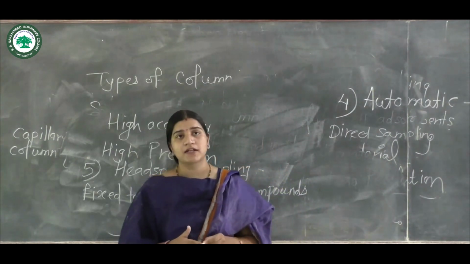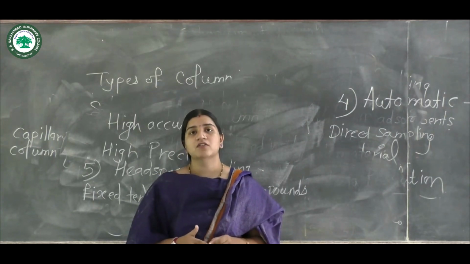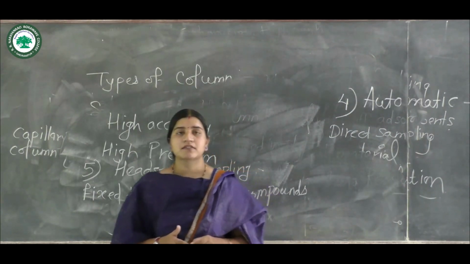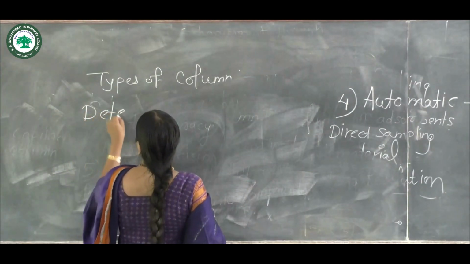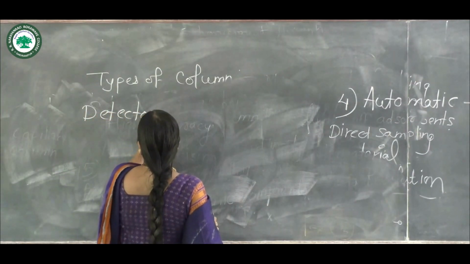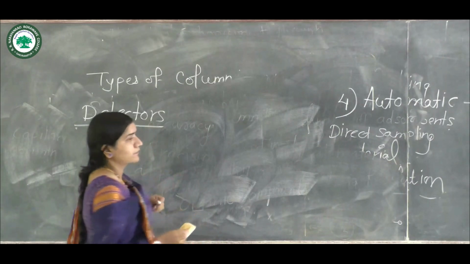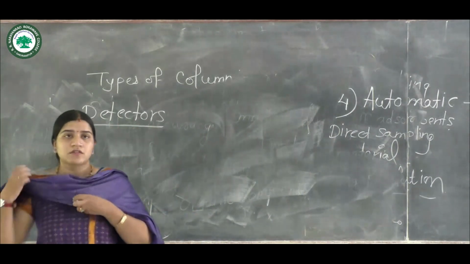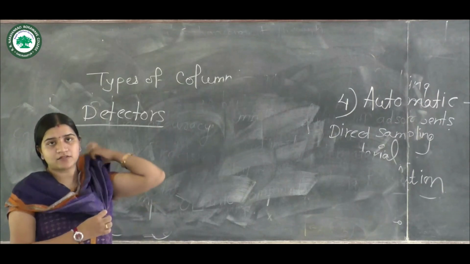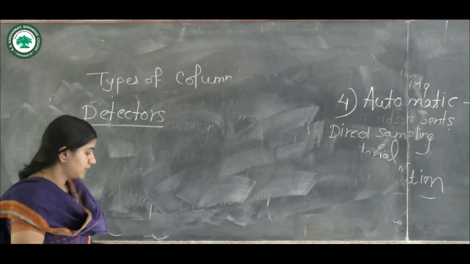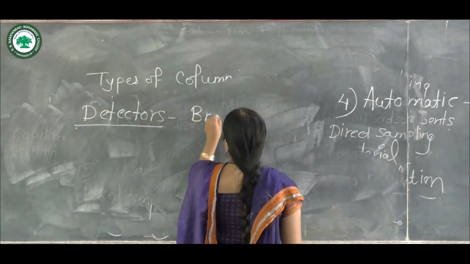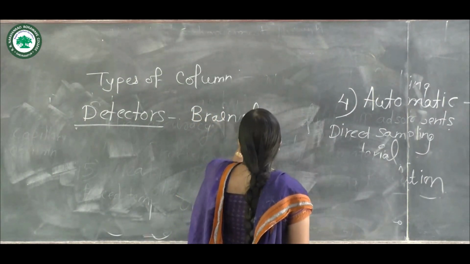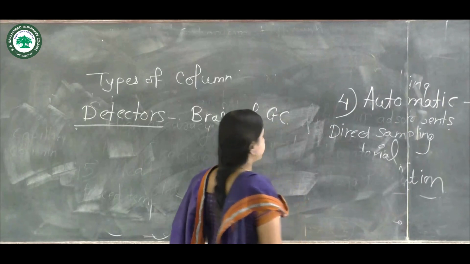Now the next part in the instrumentation of gas chromatography is the types of detectors. These detectors are considered the brain of gas chromatography.